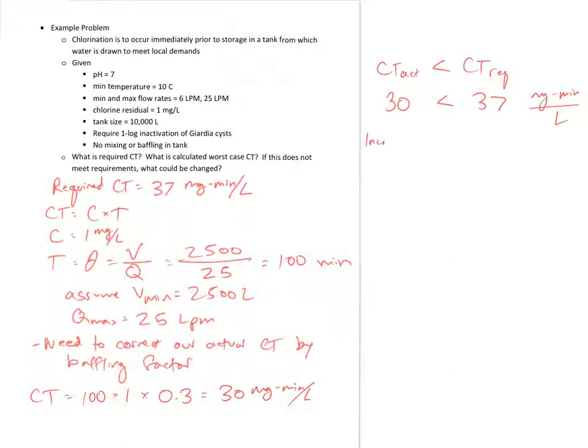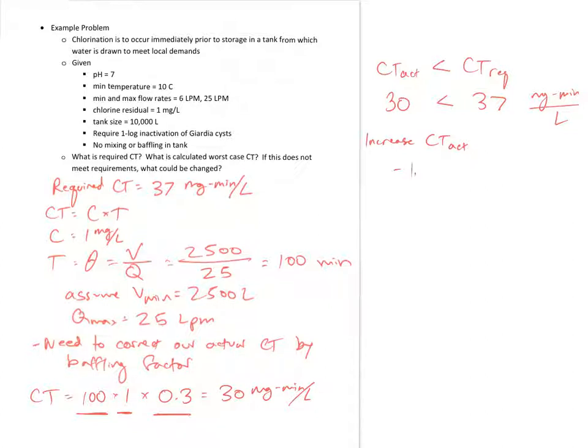So to increase CT actual, we could either increase C, which is this number down here at the bottom. We could increase our amount of time we spend in the tank. We could add our baffling to increase our baffling factor.